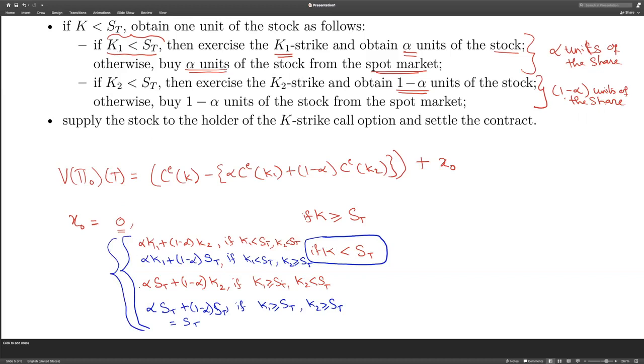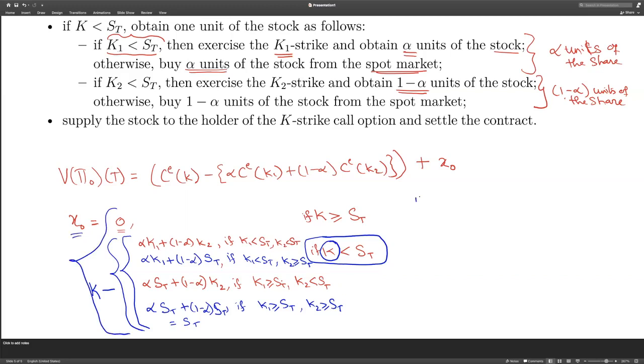So this is going from your pocket, therefore it's minus, and you are getting K from your counterpart in the K strike. Therefore, K minus this money is what you have got as the payoff from the X naught if K is less than ST.